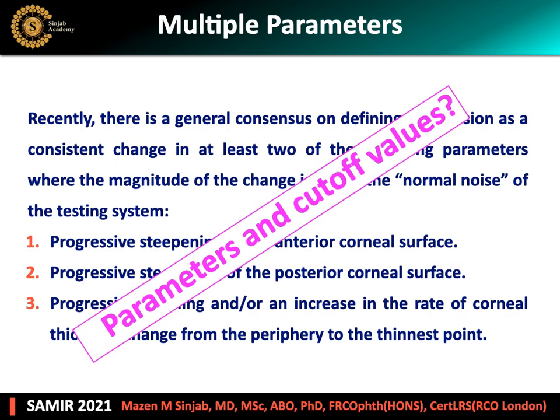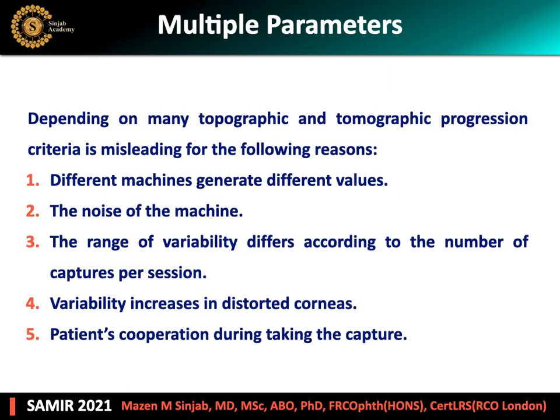However, it did not give any recommendations regarding the parameters and cutoff values, because different machines can give different values, and the noise of the machine will differ from one machine to another.